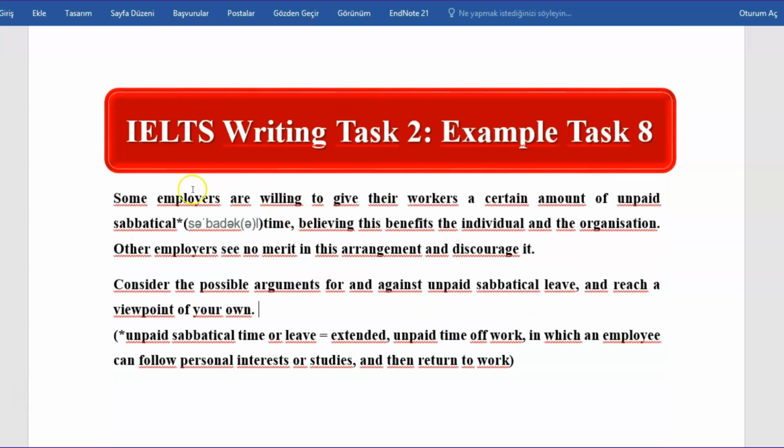Some employers, unpaid sabbatical time, individual and organization. Okay, we actually have to discuss for and against them.